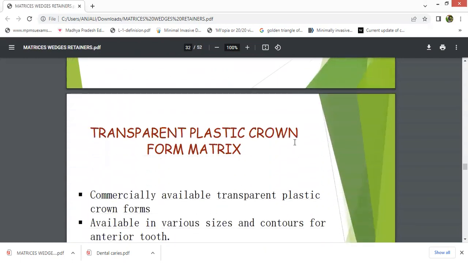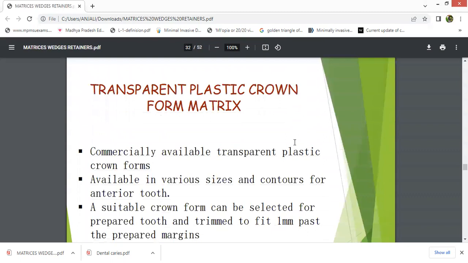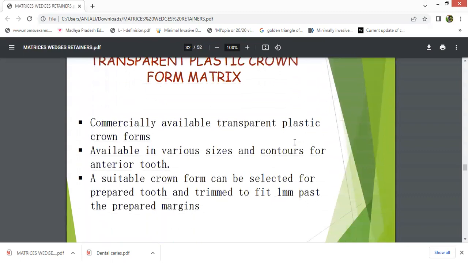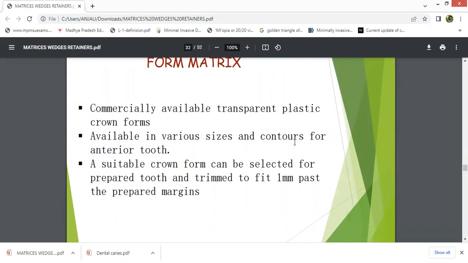Next is transparent plastic crown form matrix. Commercially available transparent plastic crown forms come in various sizes and contours for anterior teeth. A suitable crown form can be selected for the prepared tooth and trimmed to fit 1 mm past the prepared margin.